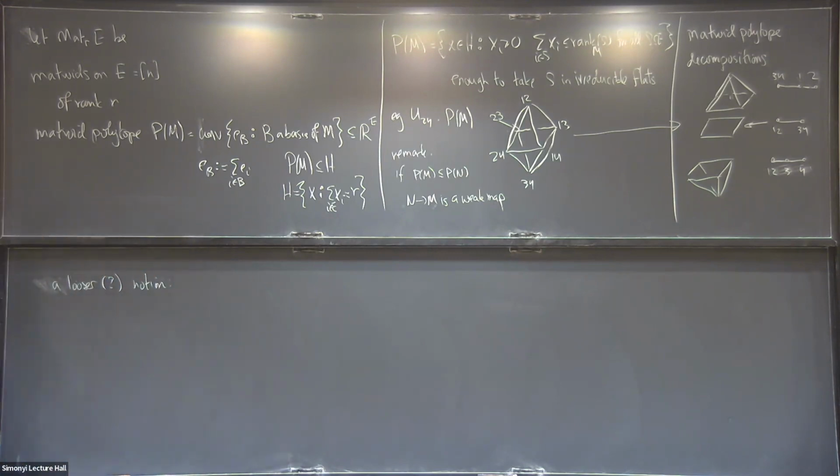So if I were interested in inclusion-exclusion properties for matroid polytopes, it might be wise to allow a slightly broader set of operations.